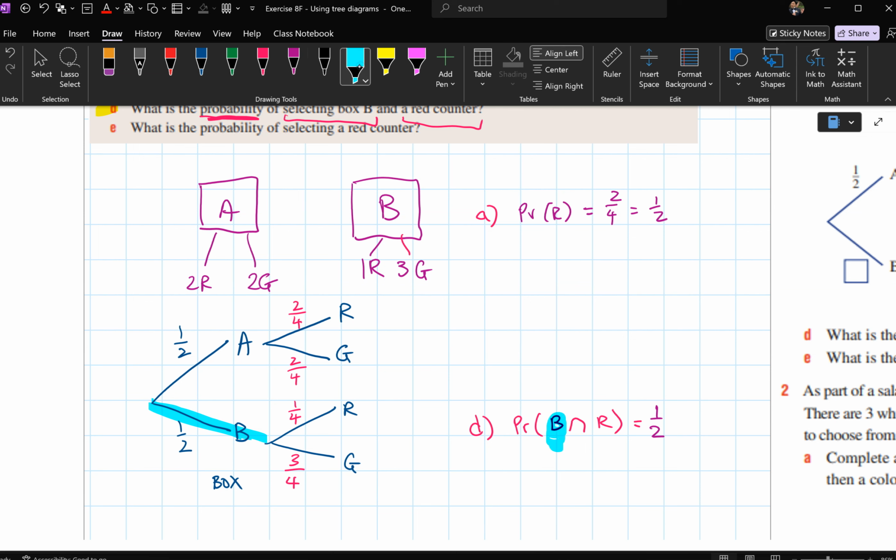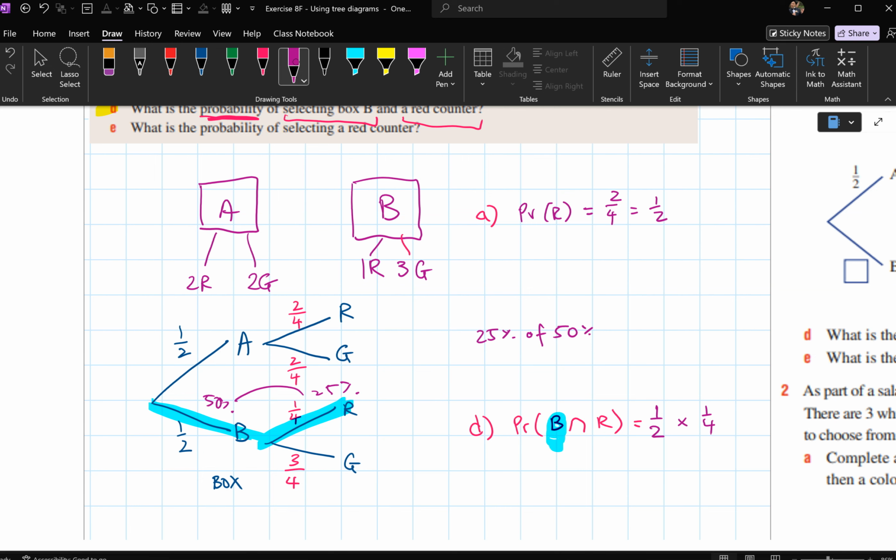And then you're saying, what's the chance of getting a red? You're following the tree diagram. Now, the chance of getting a red is 1/4. So what you're saying is you got 25% of the 50% chance. Get me? So you got 50% chance of getting a box B, but then 25% of that 50% is what your chances are to get a red. So 25% of 50% is the same thing as saying 1/4 times a half.